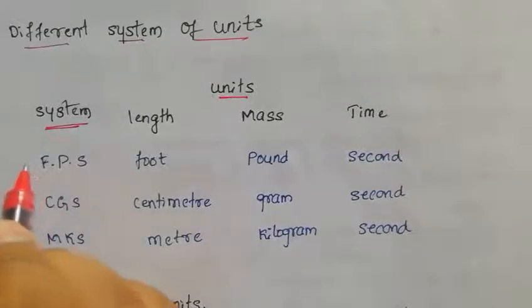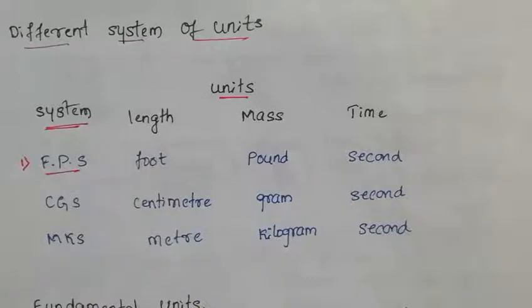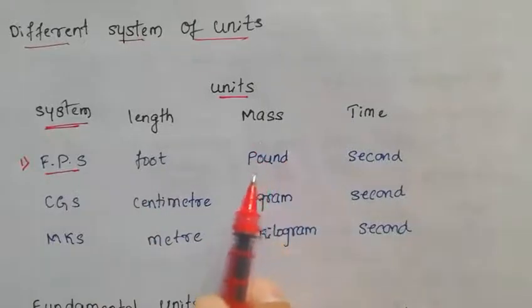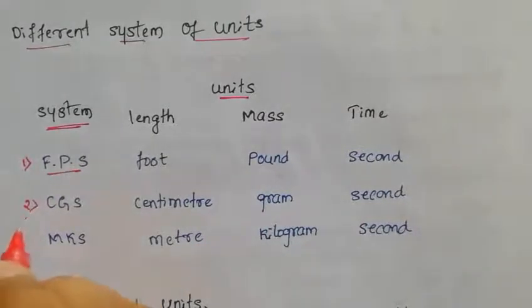The first one is the FPS system. In this system, length is measured in foot, mass in pound and time in seconds. The second one is the CGS system.